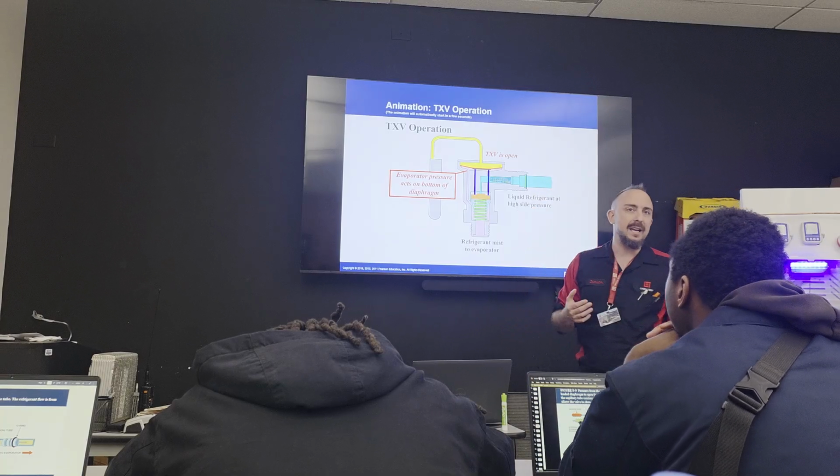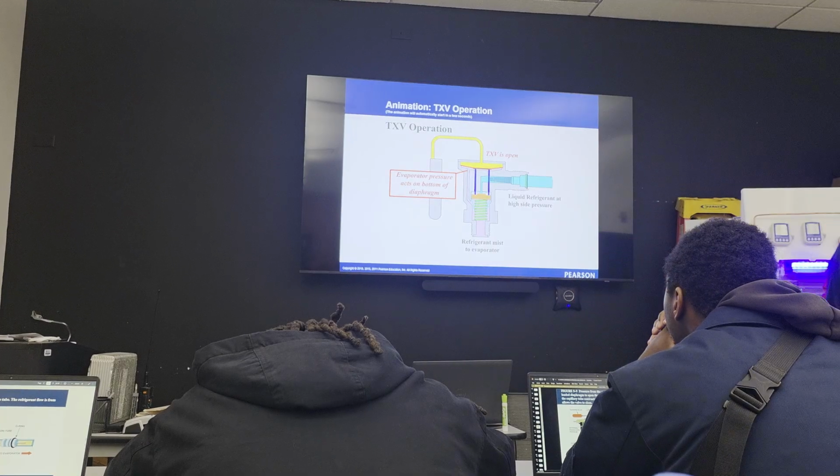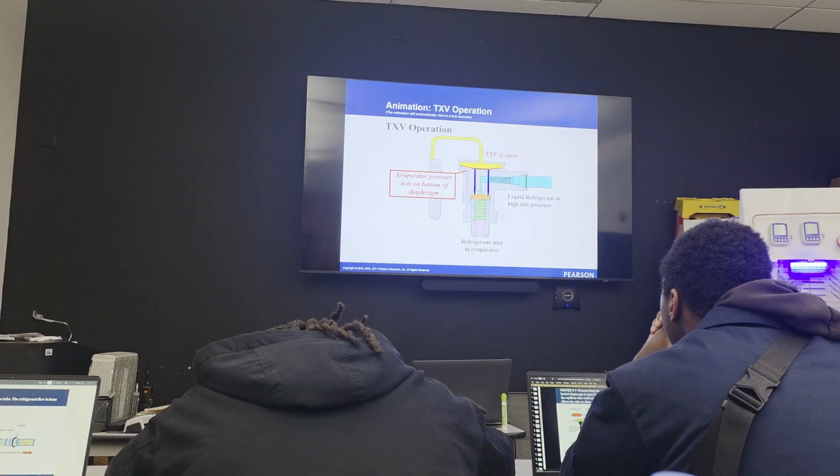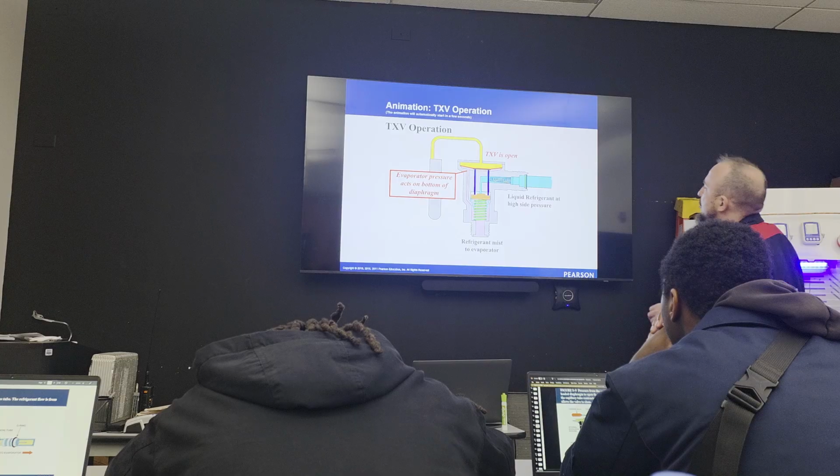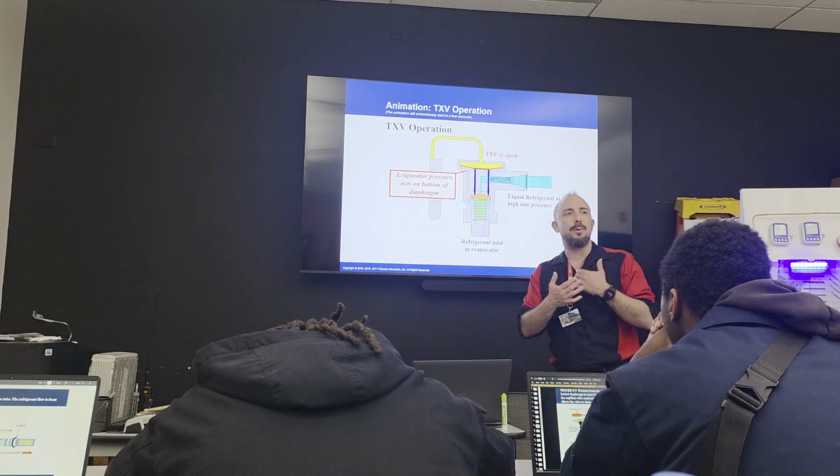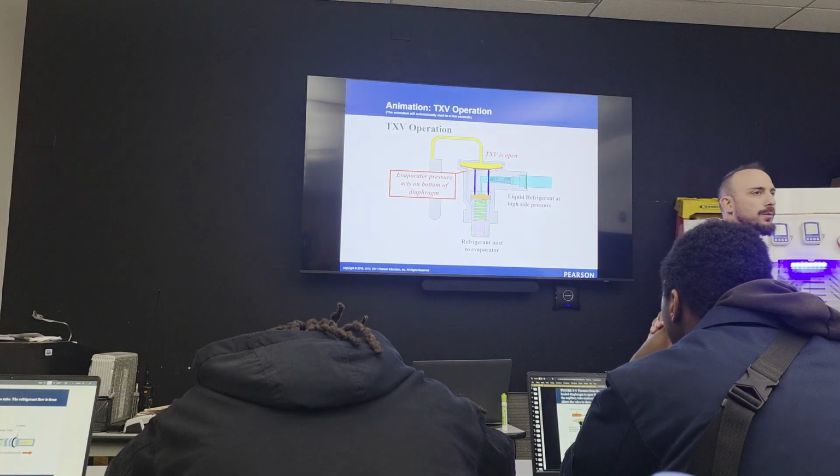And it will change, all right? Meanwhile, if it's cold out, if you're activating the air conditioner in the wintertime or something like that, which can happen, some manufacturers even do that, it won't open up as much because you only want to put as much refrigerant in the evaporator as can boil off. Okay, so if there's a high heat load, it will adjust. And that's it. How does it do that?